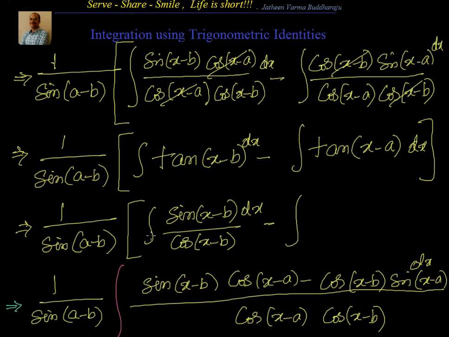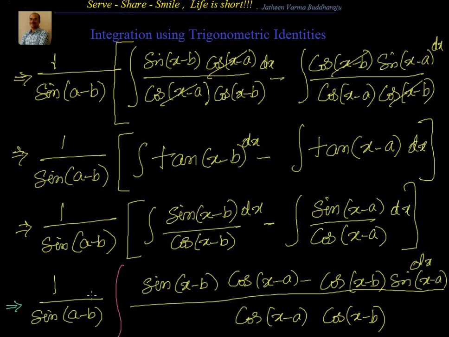Otherwise the integral of tan x is minus log of cos x, but I just want to show you how that comes. Then sin of x minus a; this step is redundant because we are going back to the old step, only for you to understand. Okay, this is dx. Now this is what we have. Let's go to the next step.